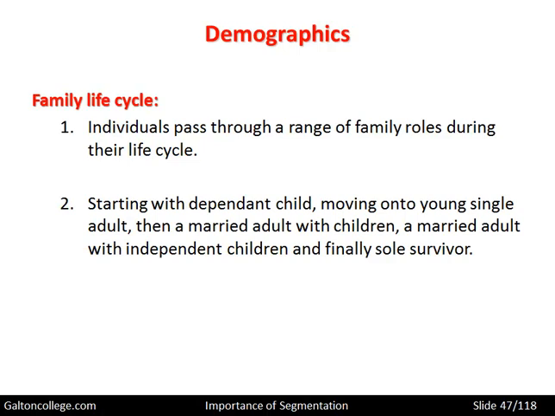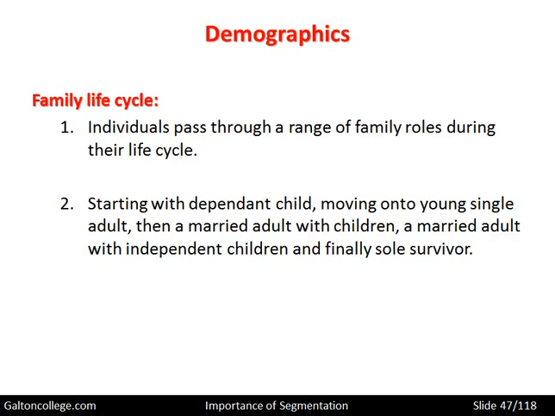So it starts with the dependent child moving into young single adult, then a married adult with children, then a married adult with independent children, and finally a sole survivor. Eventually there'll only be one person left. The person's husband or wife will die, and their brothers and sisters will die, and so on, and there'll be one person left.